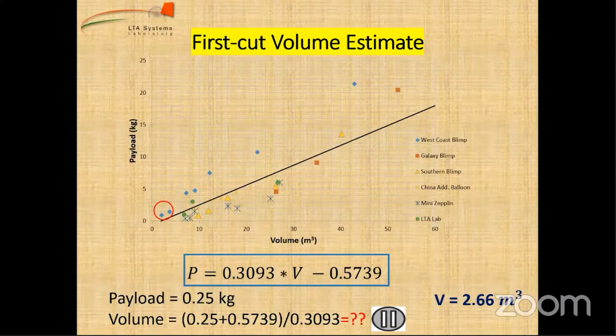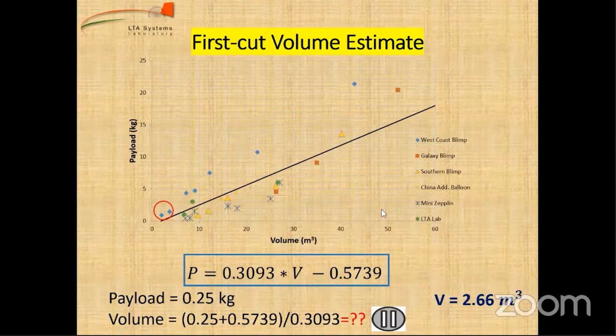That's why I asked you to search any of these. If you observe, these are huge blimps. So the empirical relationship that comes out of experiments and testing will be biased towards a bigger size. This is why we are having such a huge range in this graph.